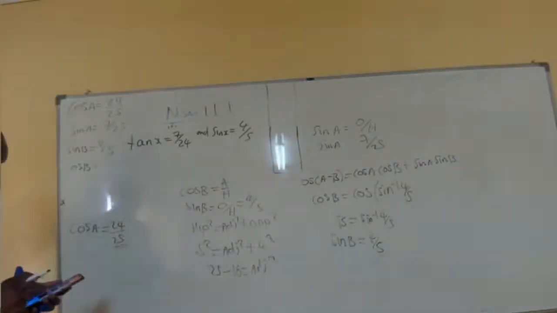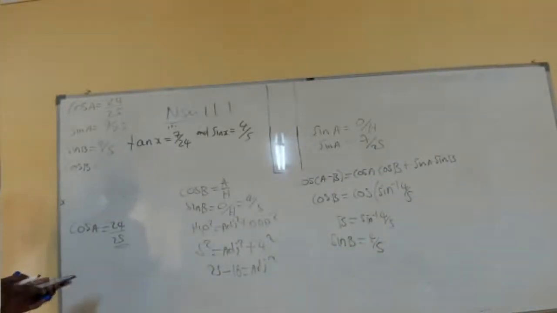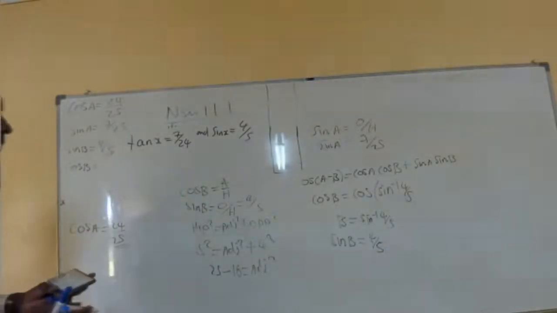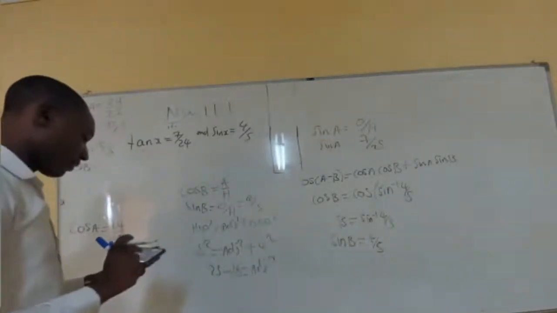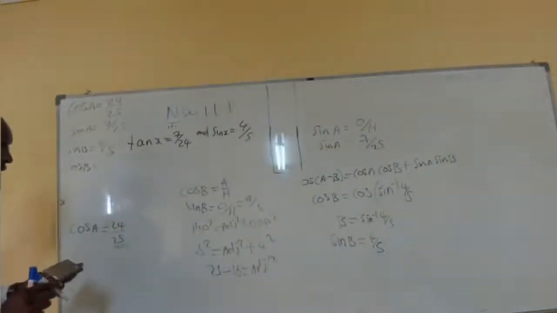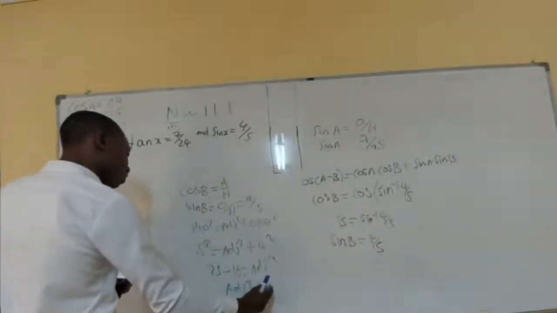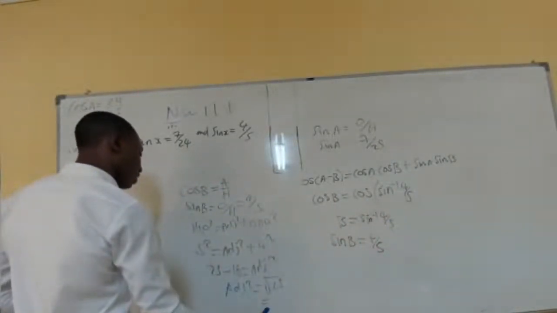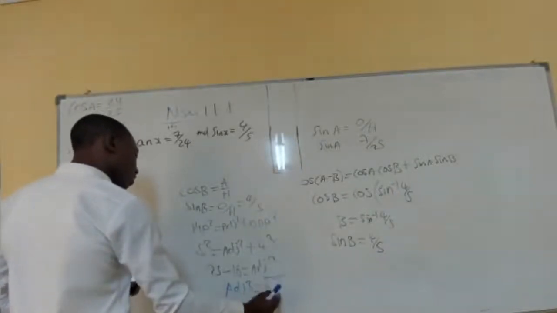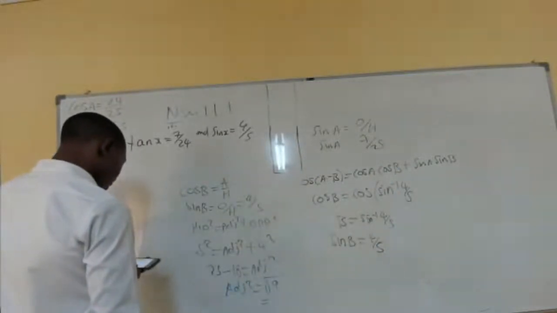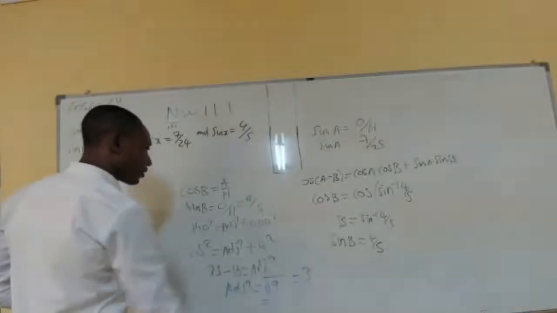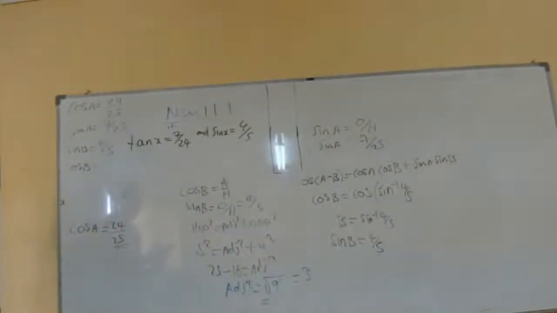From this, we find that adjacent squared is actually 9, and the root of 9 is 3. So we've now found the other side as 3.